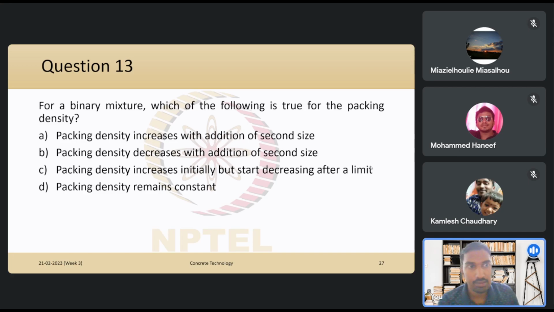Okay, any other answers? Okay, so we have one more vote for option C. So we have one vote each for A, B, and C. Alright, so let's take a look at the correct one. So the right option is actually option C.